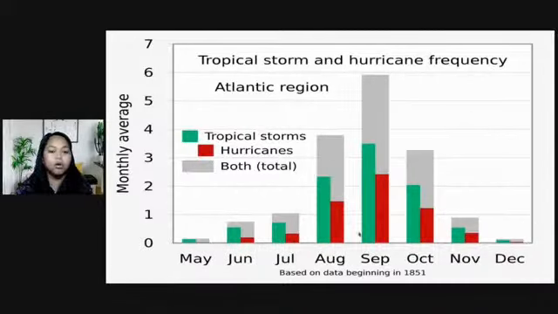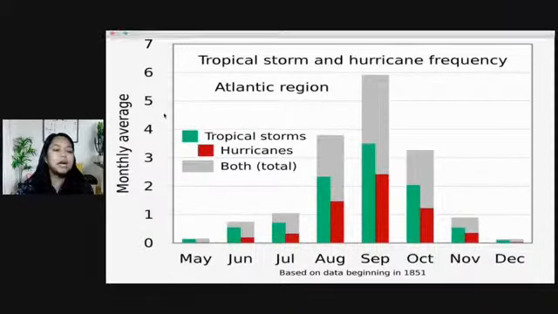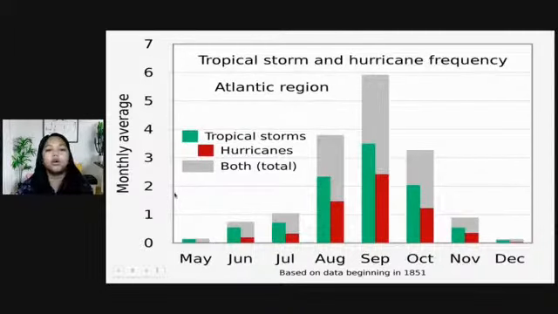So itong horizontal axis mo would always have your independent variable. So of course, time would be an independent variable. So depende sa time. And of course, your dependent variable, in this case, monthly average of the storm and hurricanes, would be on your y-axis.